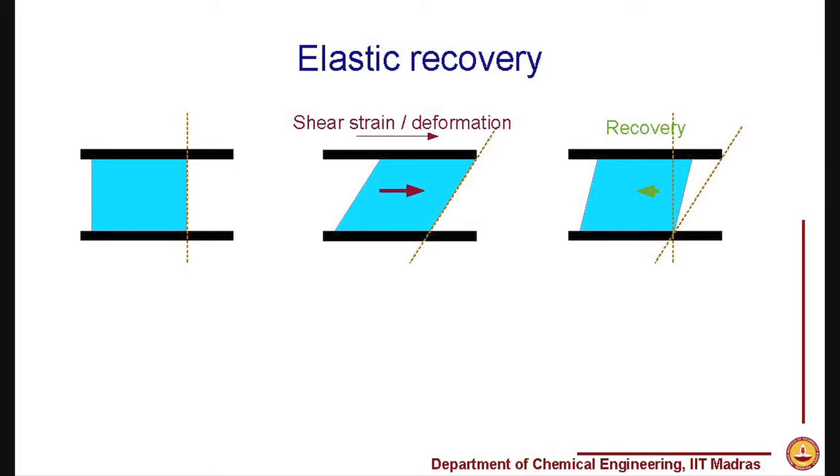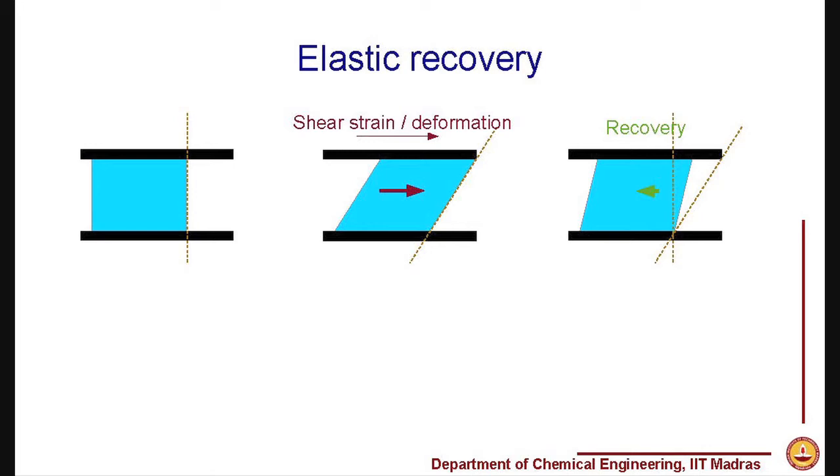And again, just to emphasize, the initial configuration where there was no deformation is given by this. When you have deformation, then the angle is given by this line, and of course the partial recovery implies that the fluid is somewhere in between. It does not come back completely to this line, which would be the undeformed line.